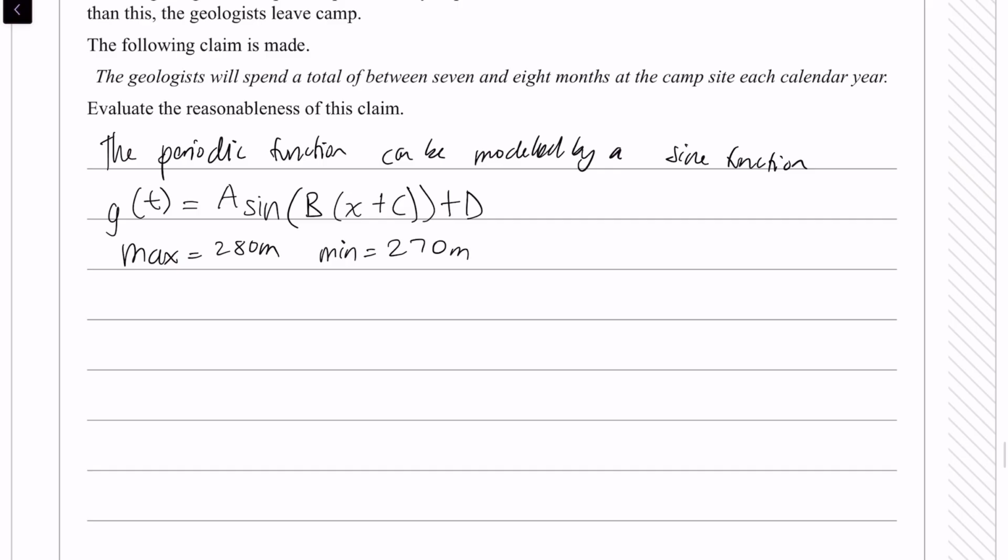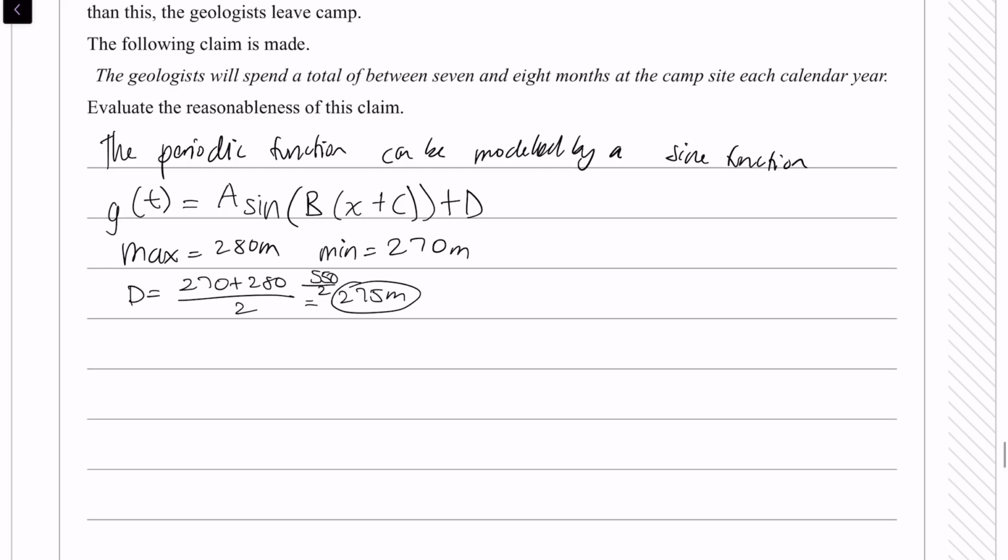From that, we can get the d value, which will be halfway between 270 and 280, which we can calculate by adding them together and dividing by 2. So 270 plus 280 is 550, divided by 2 is 275, or it's essentially just the number between them.